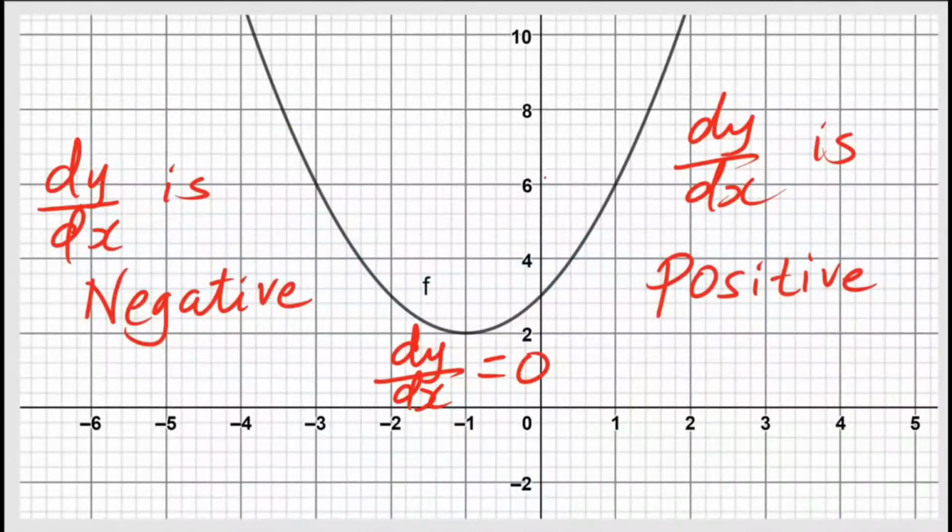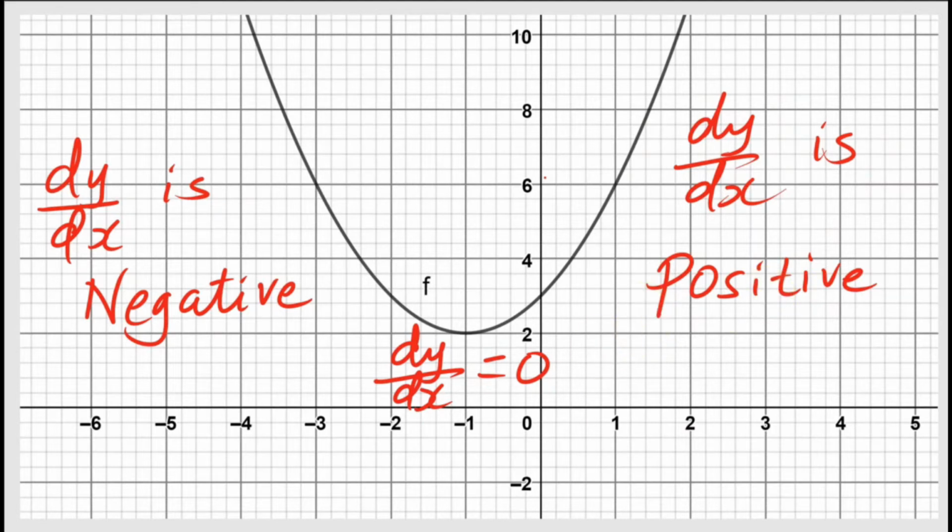So after you draw the curve, this is what you get. Drawing the curve, we've done this. You realize that to this side of the curve, the gradient is negative, dy over dx is negative. Then at this point, the gradient is 0. Then to the right, the gradient is positive.